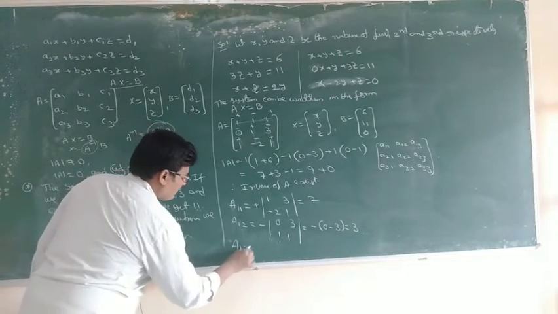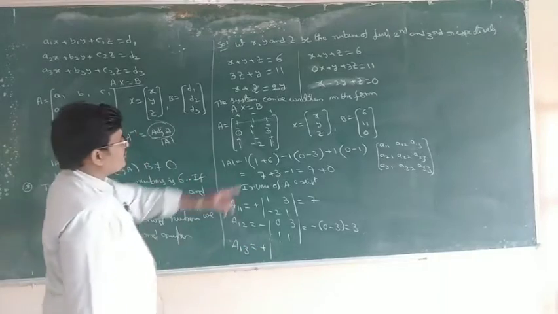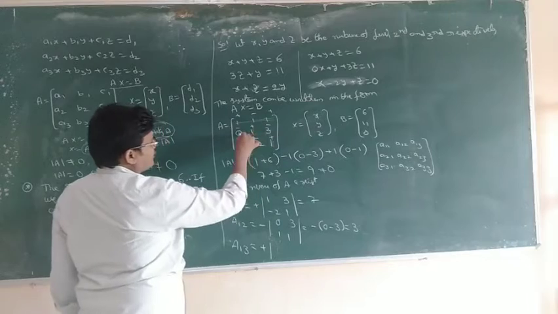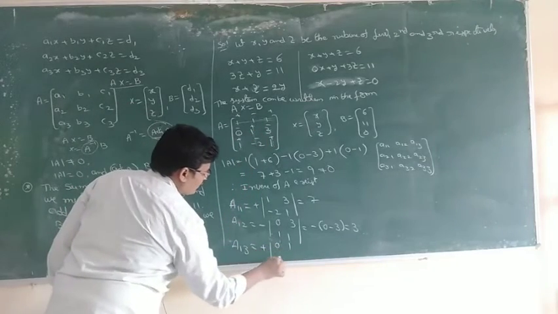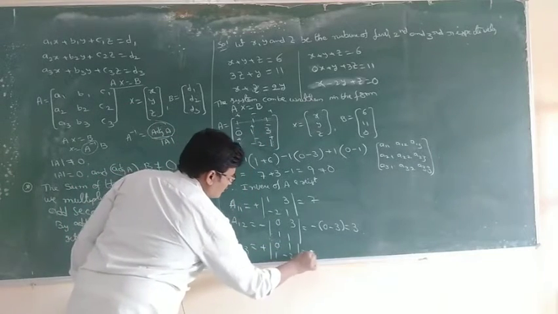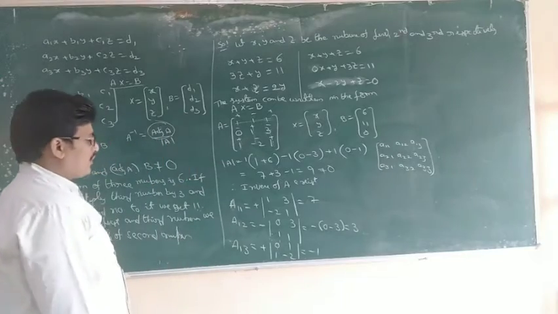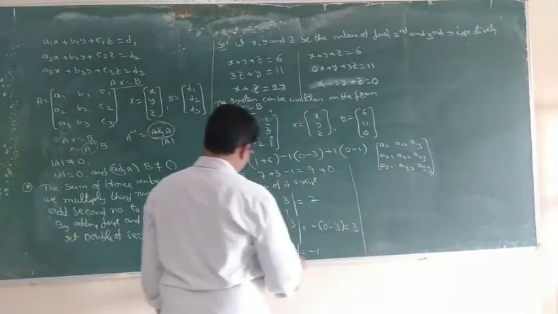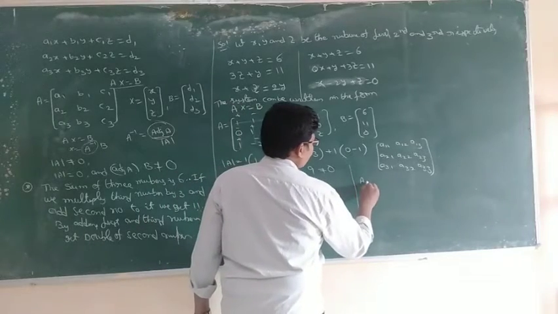Next, A13 has a plus position, leaving 0 1 1 minus 2, so that is equal to minus 1. The first row is completed.